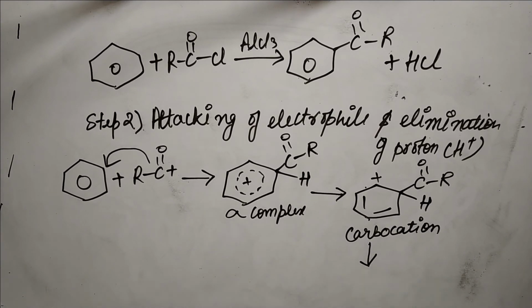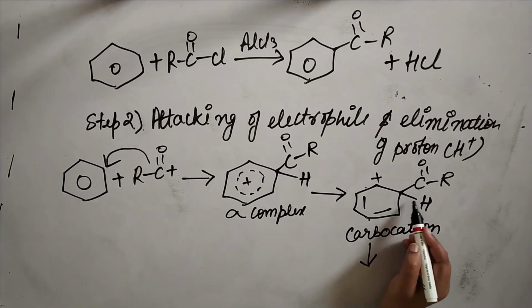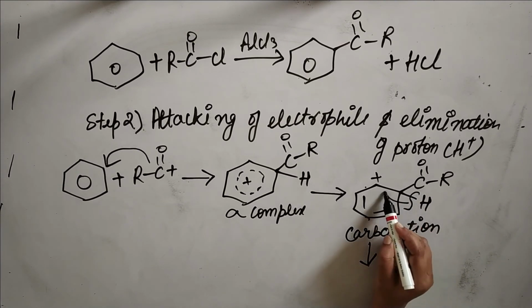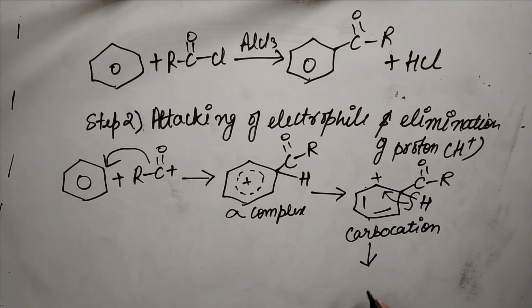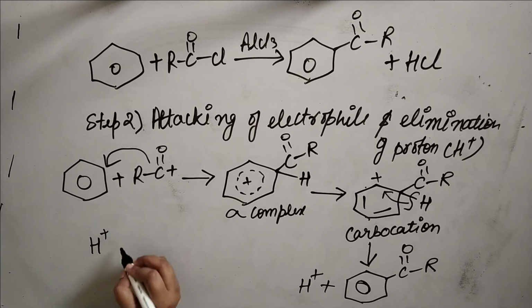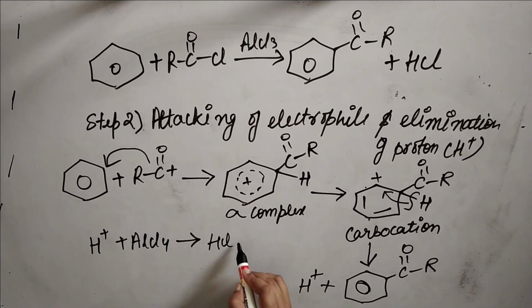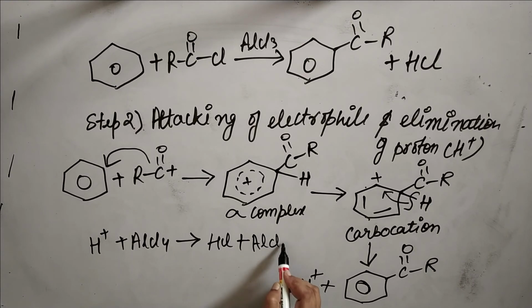Now the elimination of the proton will occur. The electrons present in the bond will enter inside the ring and the proton will be liberated. So this is the Friedel-Crafts acylated product. And this H+ again reacts with AlCl4 minus, and HCl plus AlCl3 is formed.